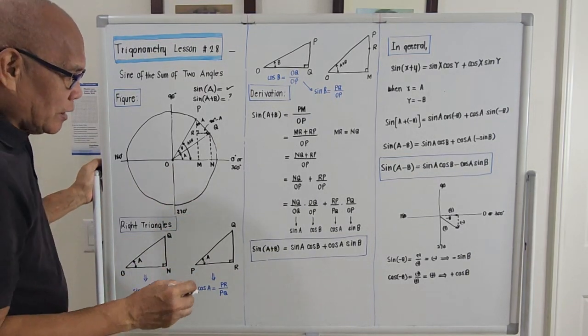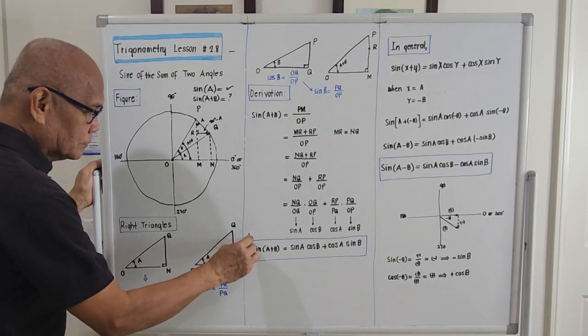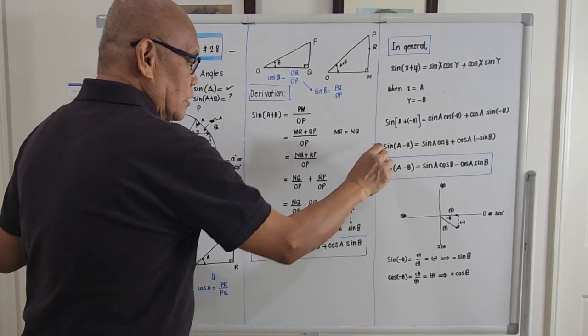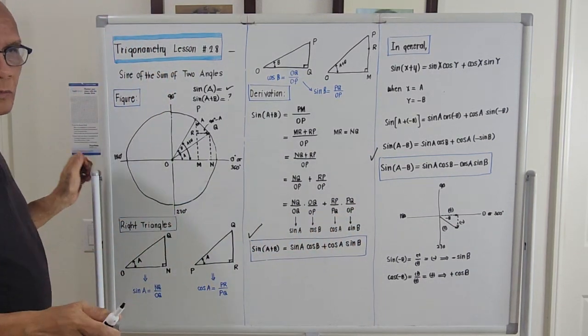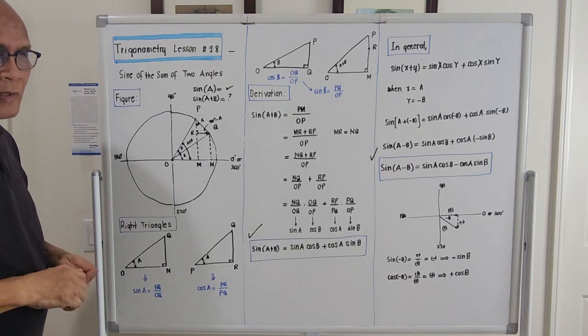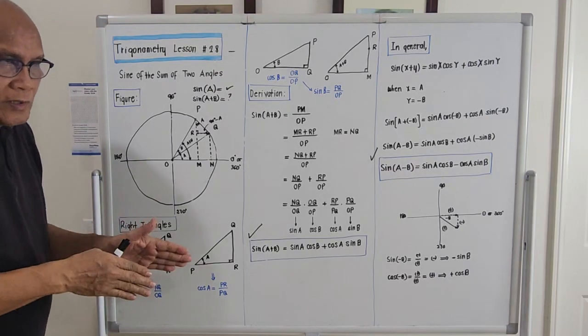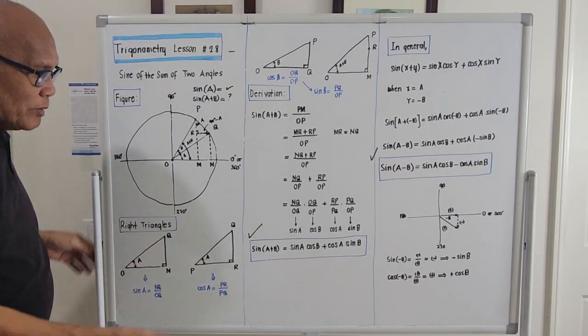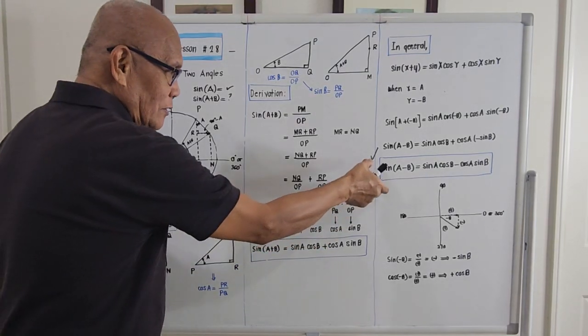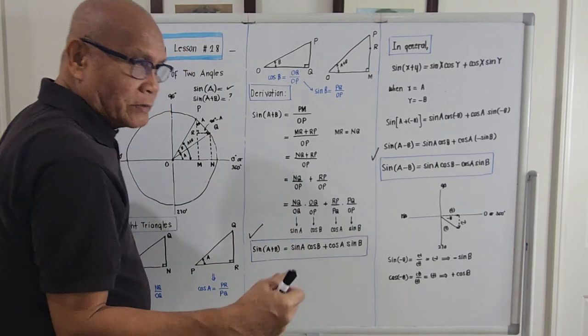This will be the first one, and this should be the second one. So if you want to study trigonometry and pass it with flying colors, you should memorize the sine of the quantity a plus b and the sine of the quantity a minus b by heart.